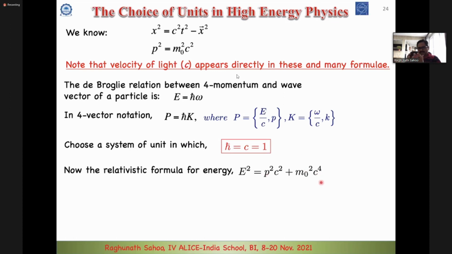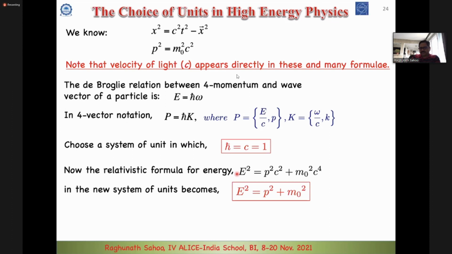So this is essentially a choice, as I explained from the beginning, and dimensional analysis can give the answer where c to the power 4 will be and where c square will be. It's not a big deal, but my point is, it is difficult. As you see, c power 4, c power 2, and where c will come, where h cross will come, these are matters of ambiguity more often. And in the new system of units, when c is equal to 1, the equation is very simple: E square is equal to p square plus m0 square. And if I more often use my rest mass as m, not to be confused, of course, the convention matters.